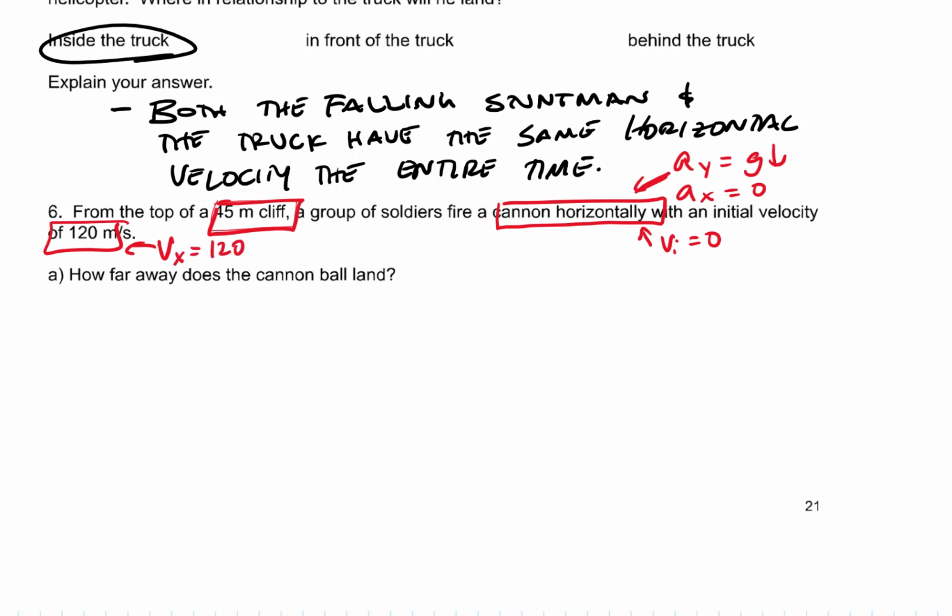That's our delta y. So we have x information and y information. So if we want to figure out how far away the cannonball lands, we need to do x stuff and we need to do y stuff.